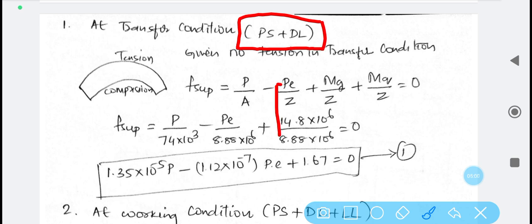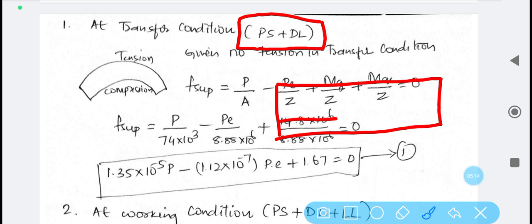So I will just draw one example. Let us say that we are trying to pre-stress a concrete beam. We are trying to produce or manufacture a concrete beam. So what happens? We are introducing the steel, that is the tendon here. As soon as we start tensioning, we are trying to pull it from both the ends.